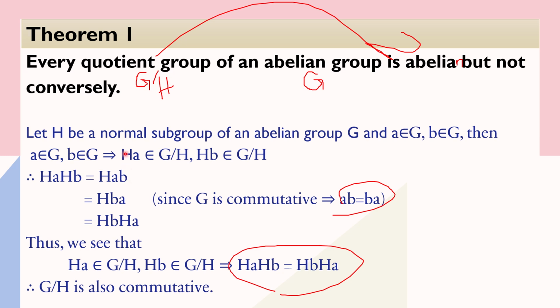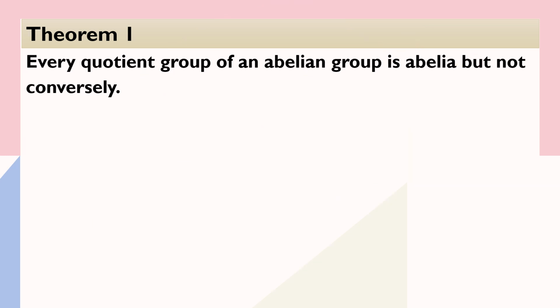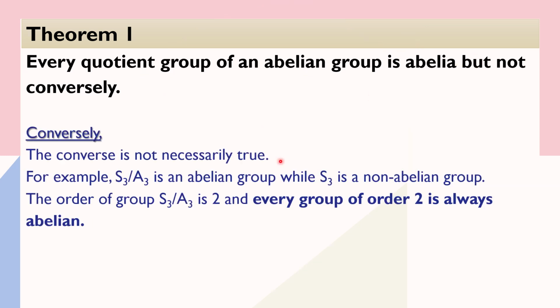Now for the converse, it's saying but not conversely. The converse is not true, because for example, we take the quotient group S3 by A3, where S3 is the symmetric group and A3, the alternating group, is a subgroup of S3.